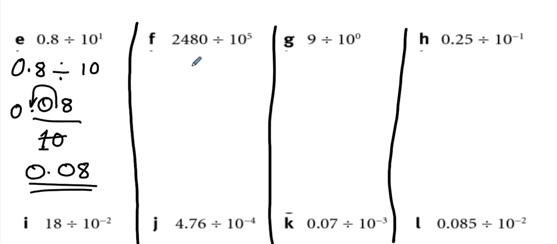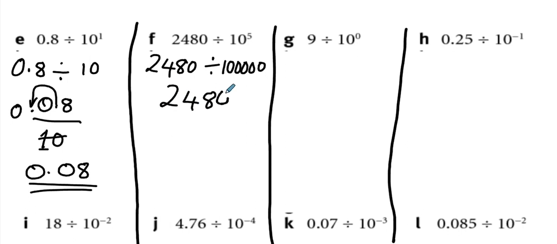Come to this one. 10 power 5 is 10 times 10 times 10 times 10, 5 times. So this will be 2480 divided by 10 power 5. Putting this as a fraction, it will be 2480 over 10, 1, 2, 3, 4, 5 zeros.